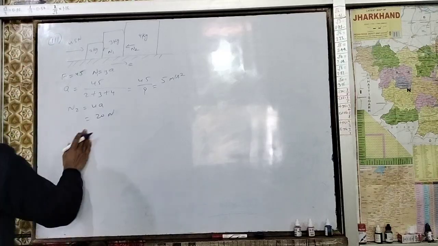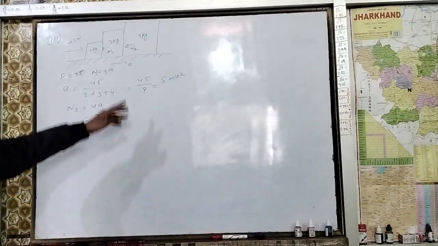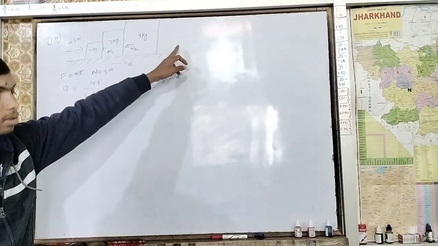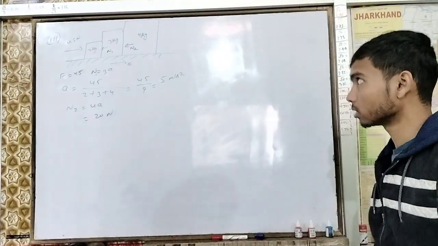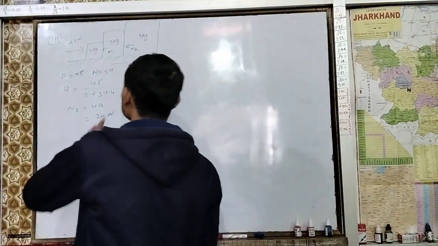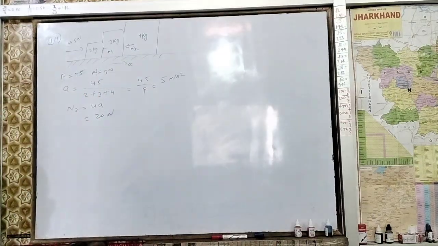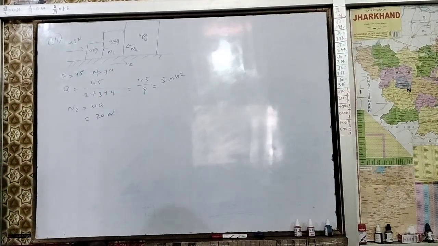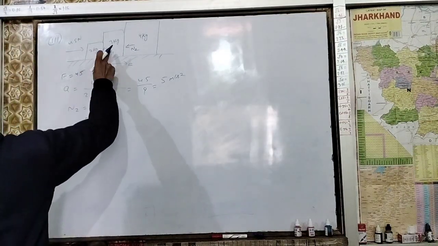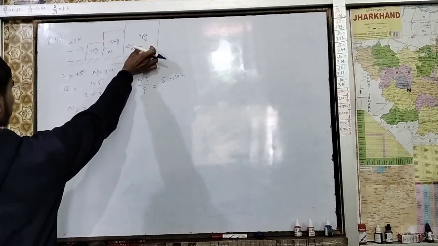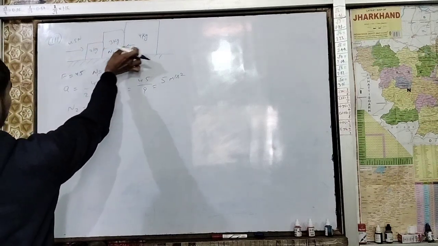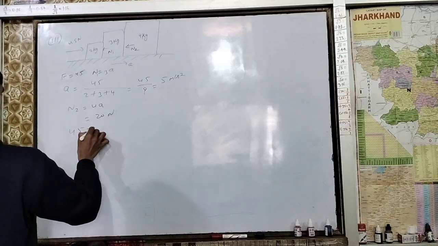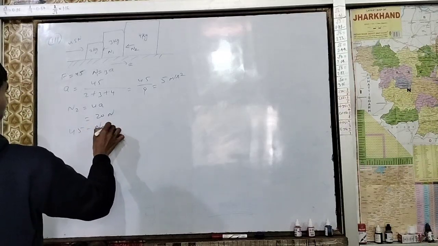Remember, on this side forward there is no force, but when it comes to the second body, here is 45 and in this N2, so 45 minus N2 will give us N1.